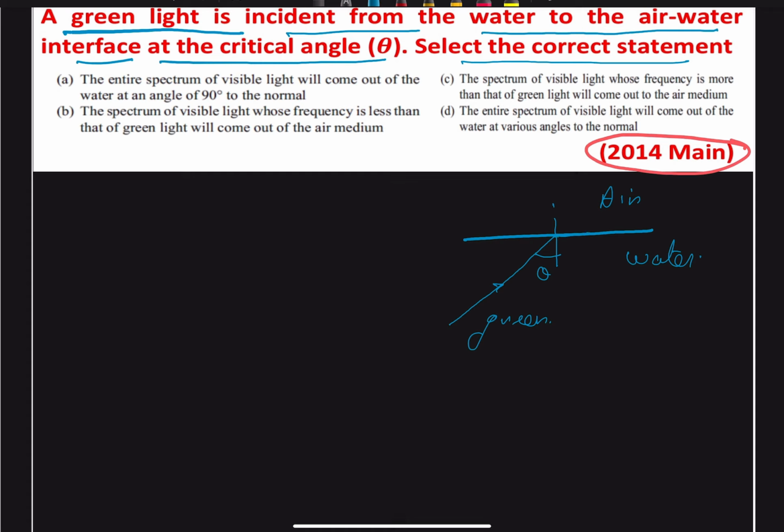So here this angle of refraction will be equal to 90 degree. So we can say that at critical angle the light refracts along the boundary, that is making the angle of 90 degree with the normal.